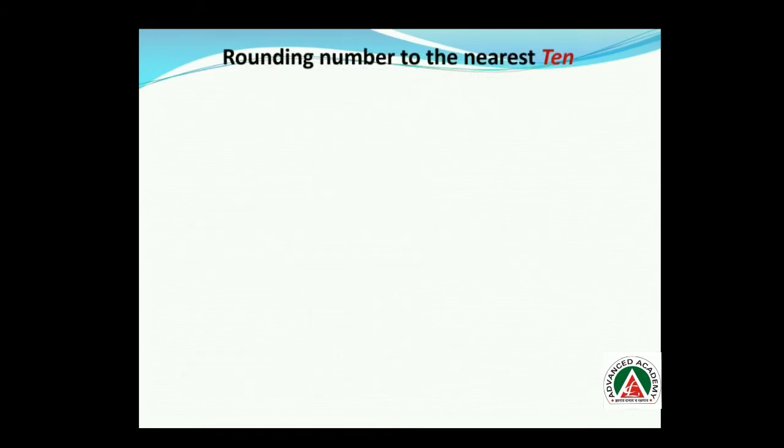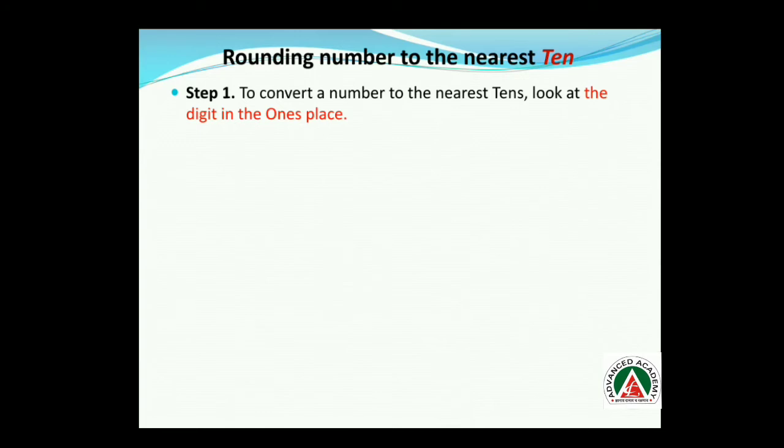Come on, let us take some examples of this. Rounding a number to the nearest 10. Let us do this with steps. First step: to round a number to the nearest 10, look at the digit in the ones place. So just place this number in place values.